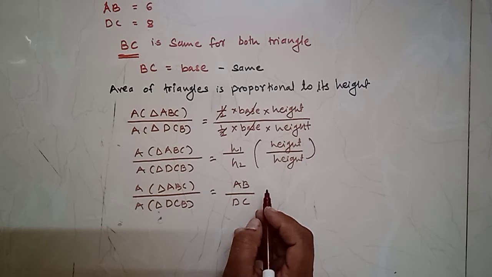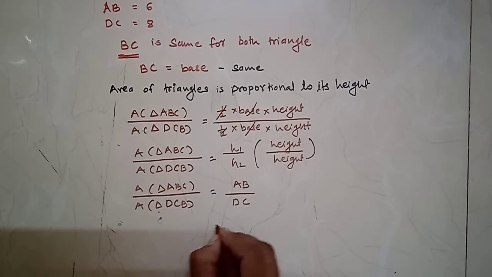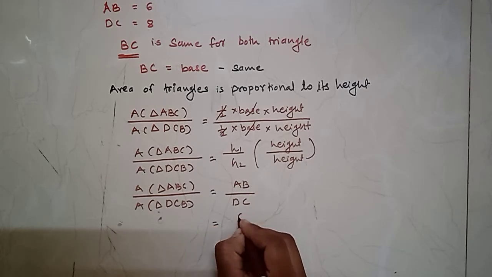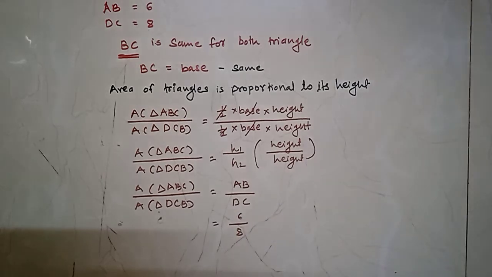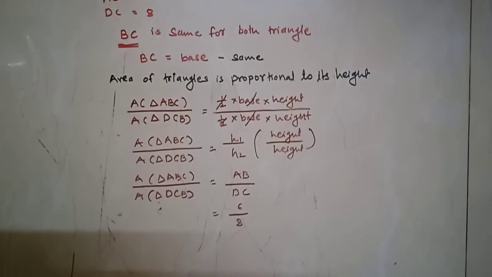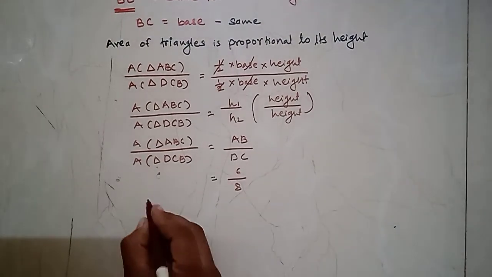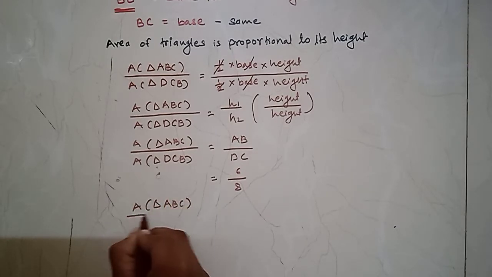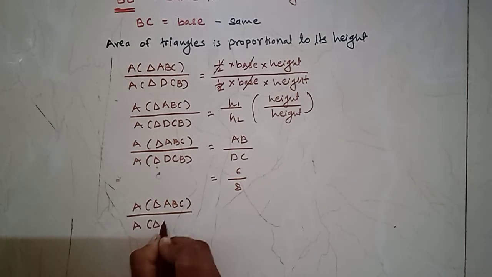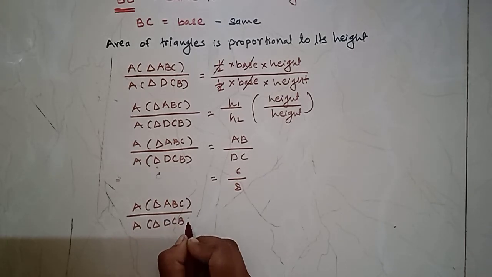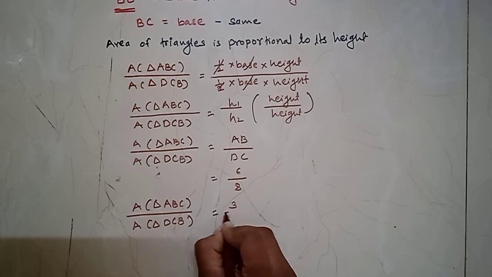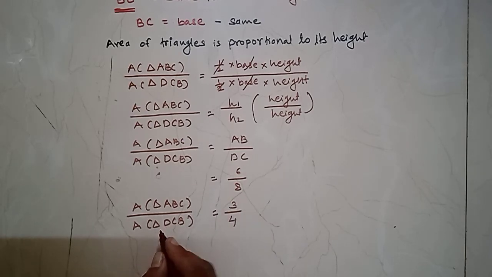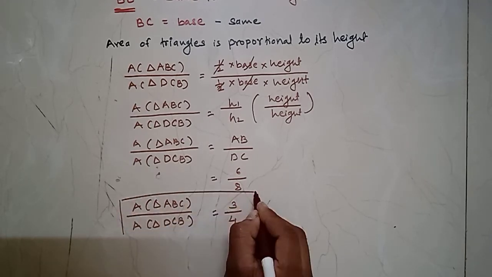So write the values for AB and DC. So we get here 6 upon 8. Okay, we know the values of AB and DC, this is a given thing, so we can write next. Then area of triangle ABC upon area of triangle DCB is 3 upon 4, right? This is the final answer.